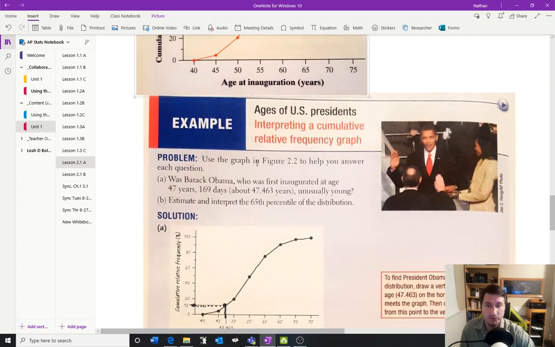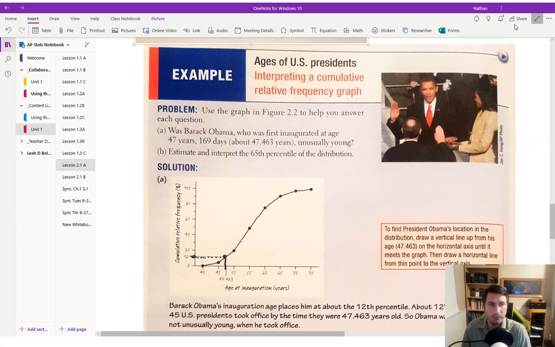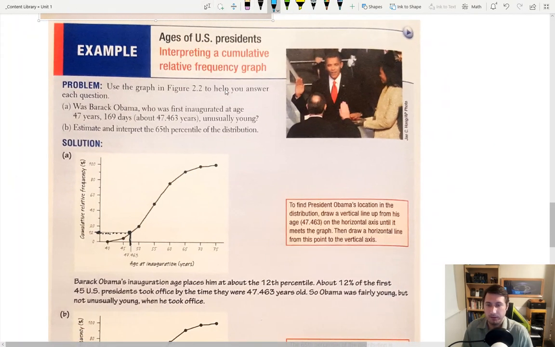Use the graph in figure 2.2 to help you answer each question. Was Barack Obama, who was first inaugurated at age 47 years, 169 days, about 47.4 years, unusually young? What we do is go to our cumulative frequency graph and find 47.463 right here.